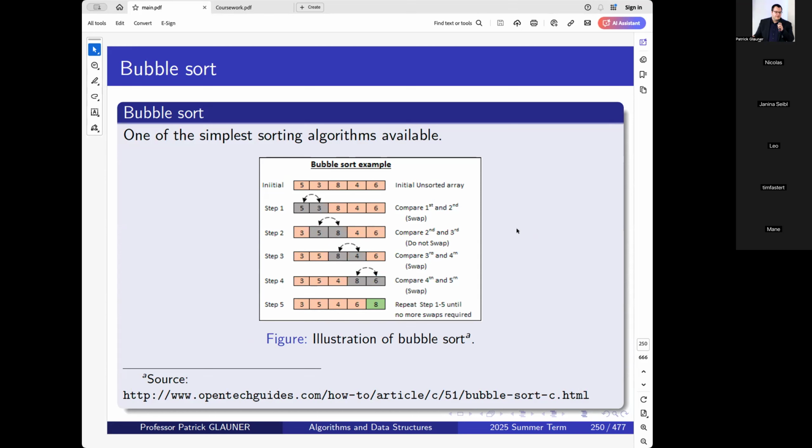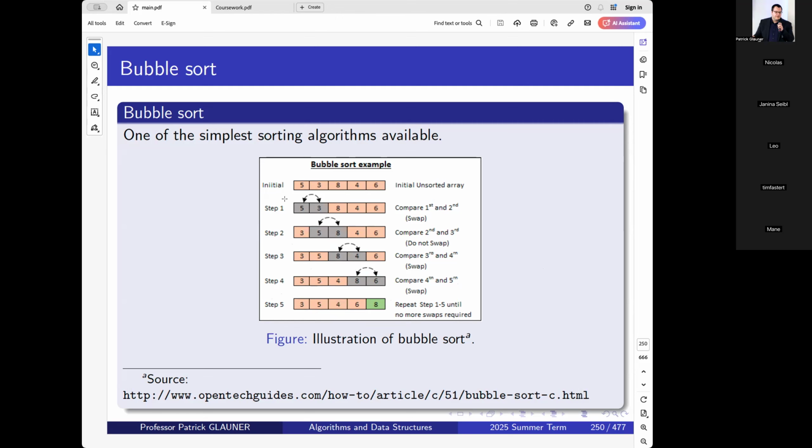So in this first pass, we have actually moved the largest value, 8, to the right. And what we have now is 3, 5, 4, 6, 8. It's not sorted yet. All we have done is we have moved the largest element to the right, but the others are not necessarily fully sorted yet. So we need to repeat this procedure again.